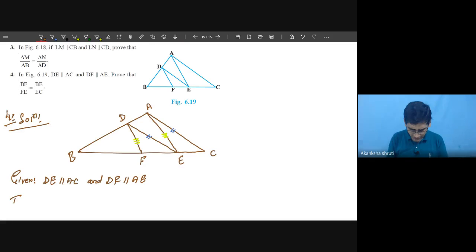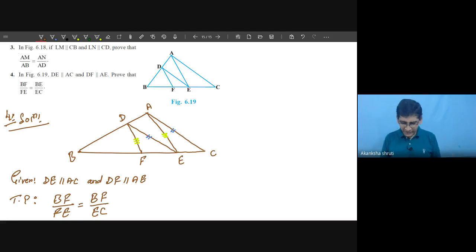And what is to be proved? Then we have to prove BF by FE is equal to BE by EC. A student, first you shall understand what is to be proved in the figure itself. Then you shall understand what could be the intermediate ratio that can be eliminated.